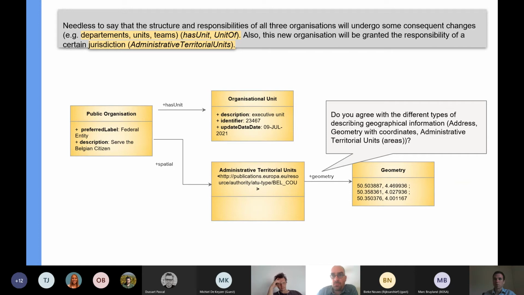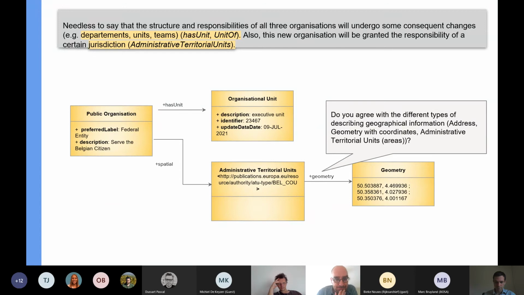Then here we have also, as you see, a code for the area, the administrative territorial unit. And also we can capture the coordinates with the geometry. Do we miss something? Yeah, Bernard?